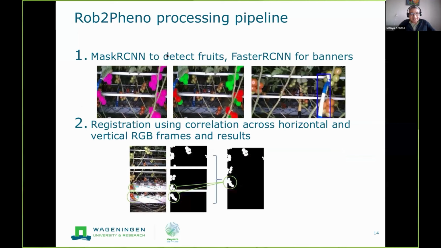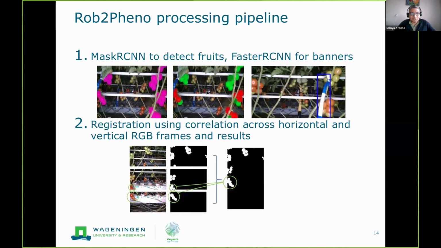So our pipeline first used instance segmentation, Mask R-CNN, for detecting the fruits. And we were also detecting the banners that delineate the varieties.